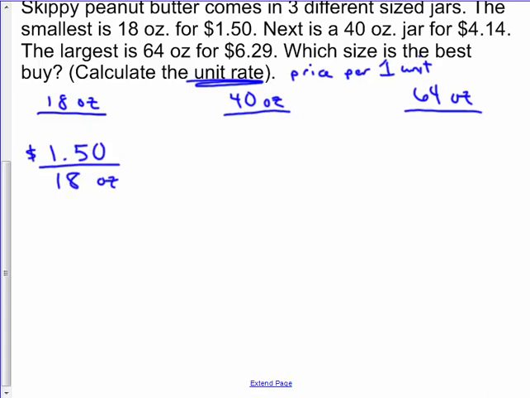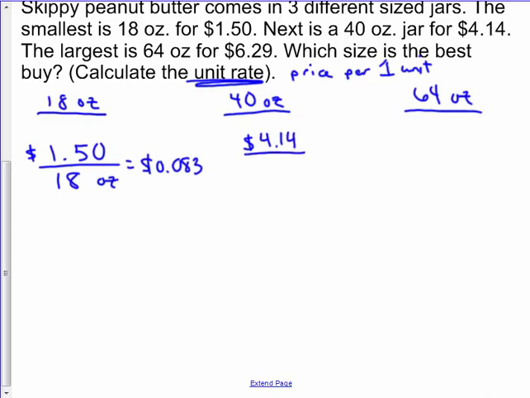When I divide 1.5 divided by 18, I get the cost as 0.083, and that's the price for 1 ounce of that jar. I'm going to do the same thing for the 40 ounce and the 64 ounce.